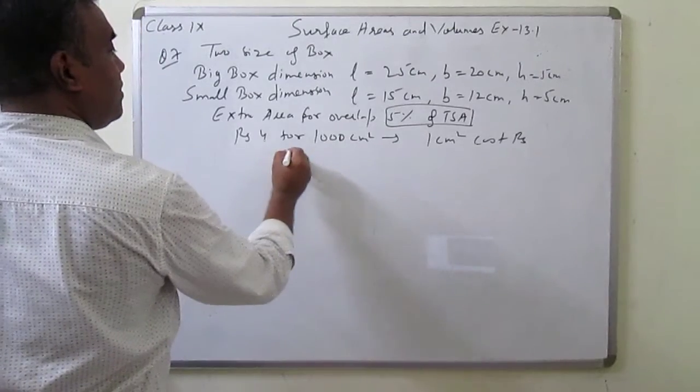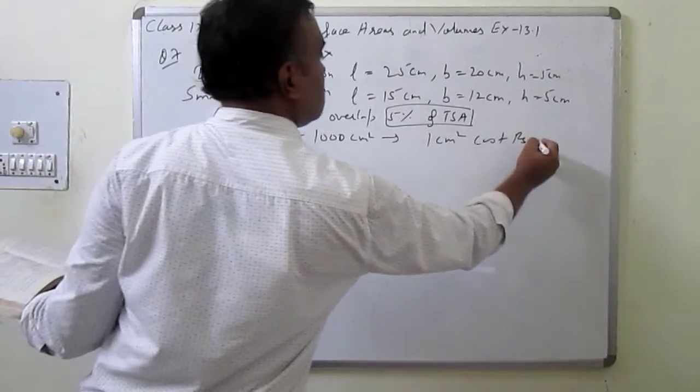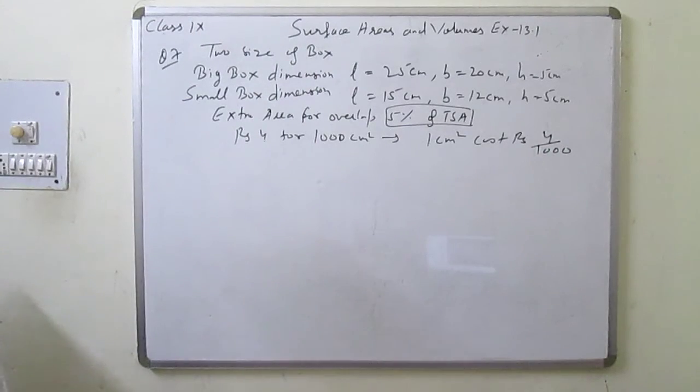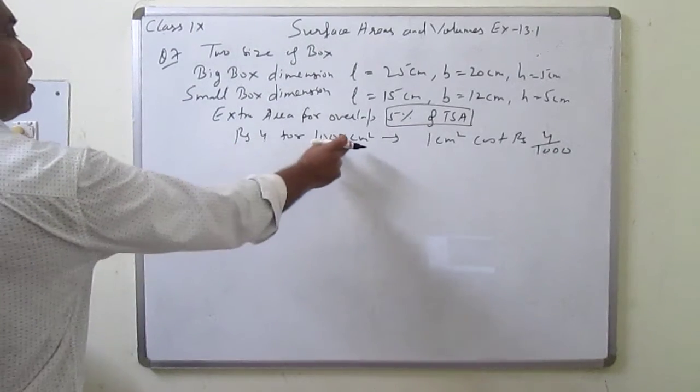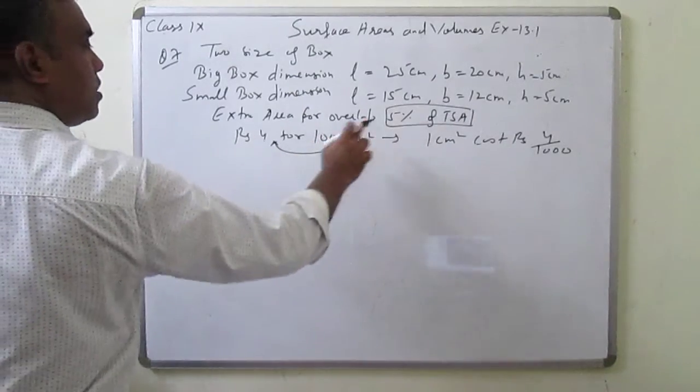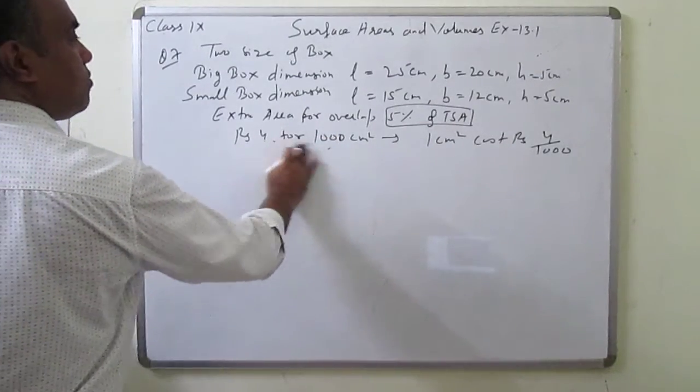So 1 centimeter square cost is 4 upon 1000. यूनिटरी मेथड.